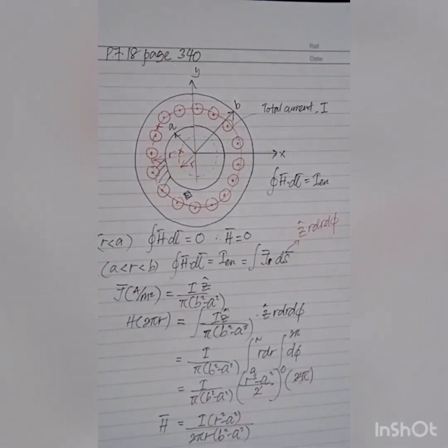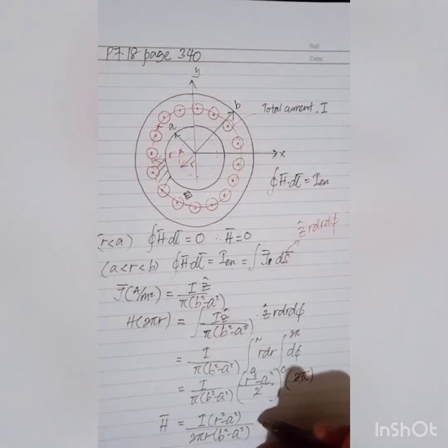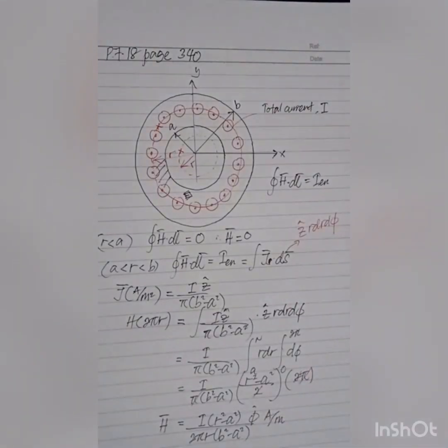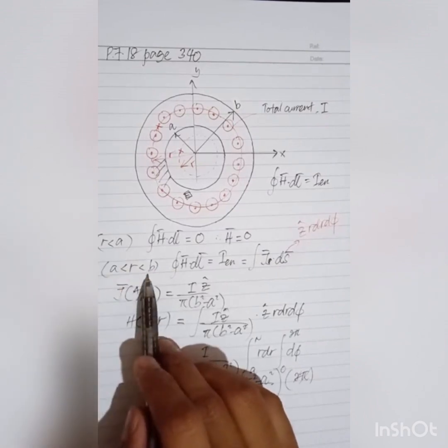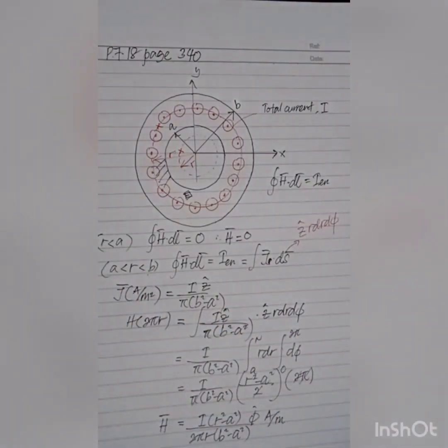And we know, guys, that the H for this case will be in the phi direction, so you can simply put the phi component, in ampere per meter. Alright, so that's the value of the H that appears within the second region, which is from r equal to a until r equal to b. Okay, so that's a general equation.